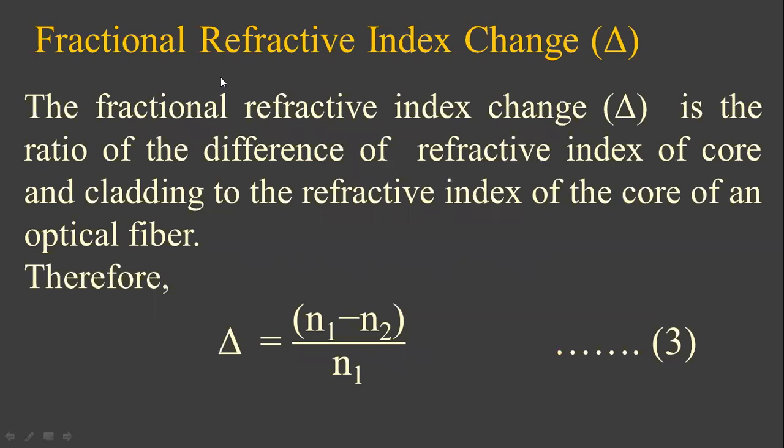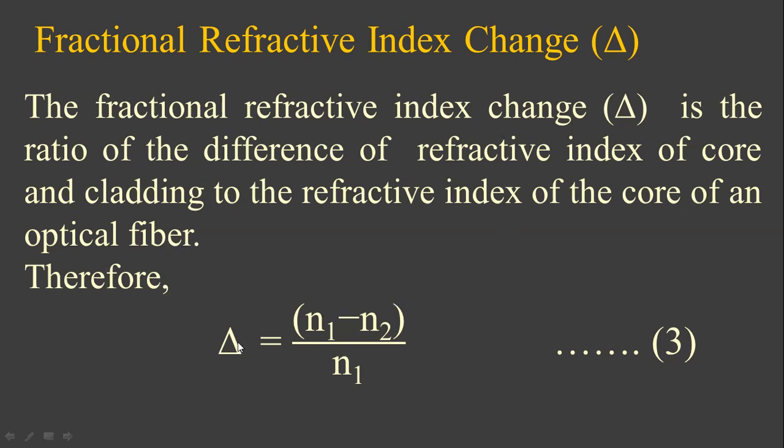And here I am going to define another important parameter called the fractional refractive index change, which is denoted by the symbol delta. This fractional refractive index change delta is the ratio of the difference of refractive index of core and cladding to the refractive index of the core of an optical fiber.